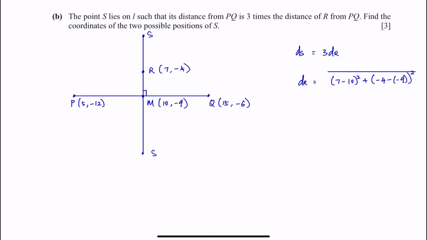Square root the whole thing, and we would get root 34. So now dS is equal to 3 root 34, and distance of S from PQ is the distance SM.